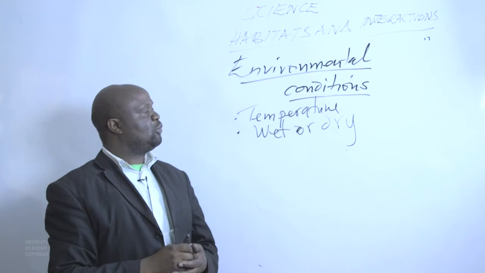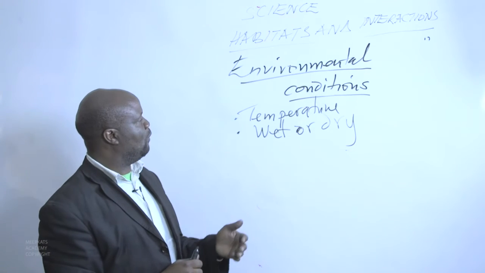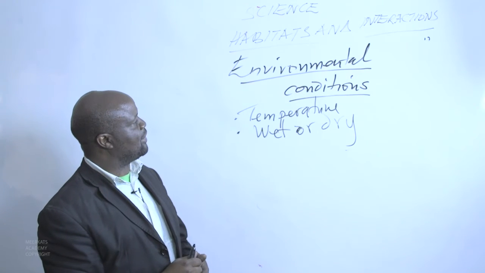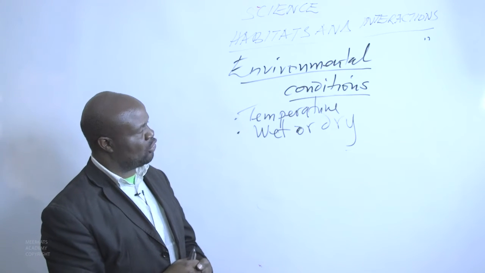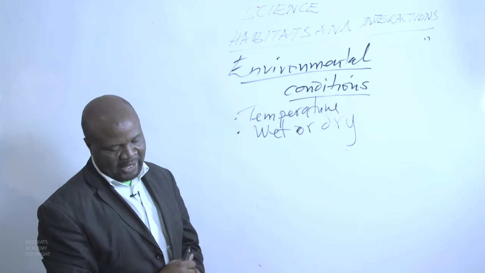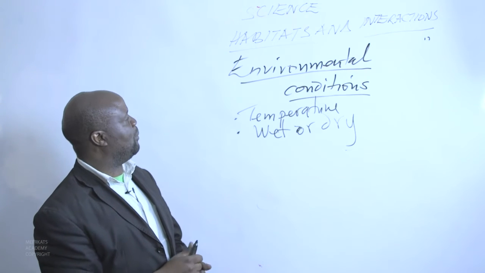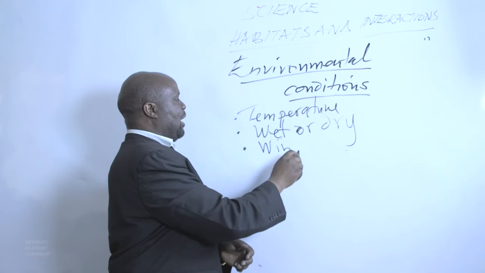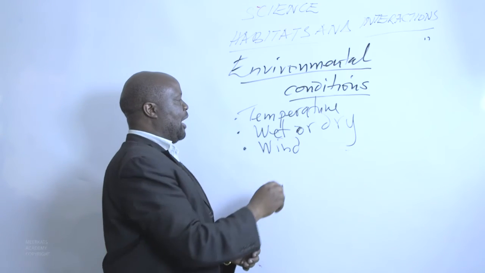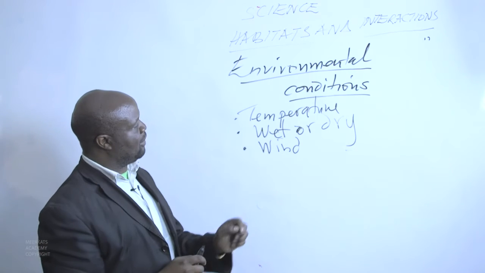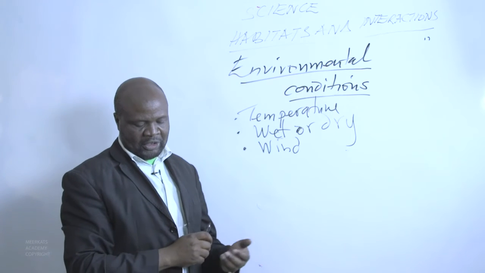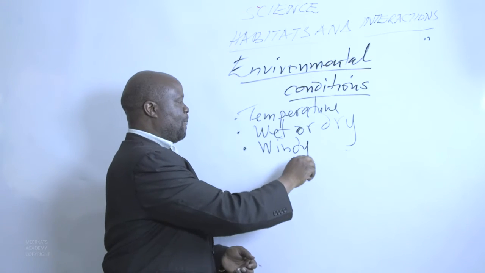There are some animals which will exist very well in a wet area, others will not. We also have some organisms that can exist in dry areas, others may not. When we talk of environmental conditions, we also have windy. We can have a condition that is windy, and there are some organisms that will exist well in windy situations, and others will not.